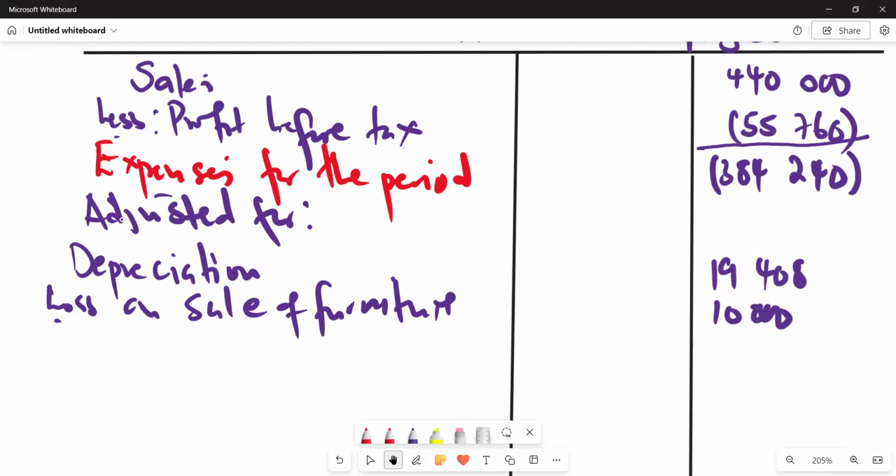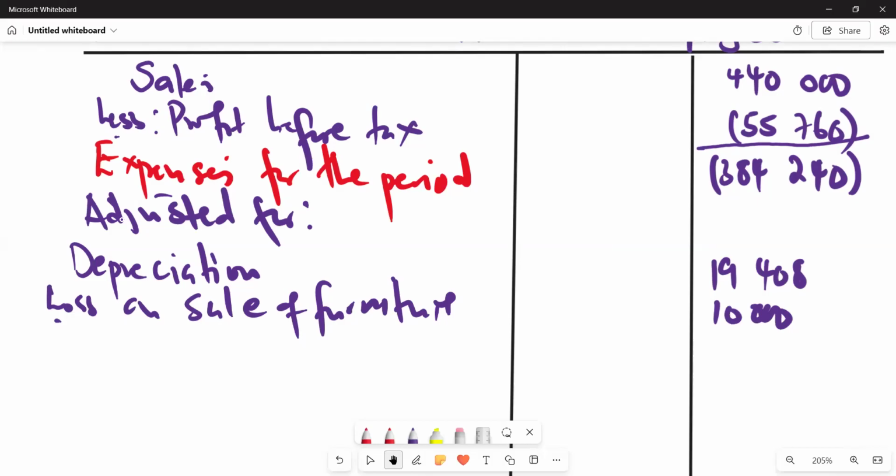Now we want to check for interest received and interest paid also. Why do we adjust for interest received and interest paid? They are cash items, but we adjust them here because we are just trying to reverse them so that we readjust them again when we go to the statement of cash flow under operating activities. So this is just a disclosure procedure: we remove it at this point, and then we take them back again in the statement of cash flow under operating activities.